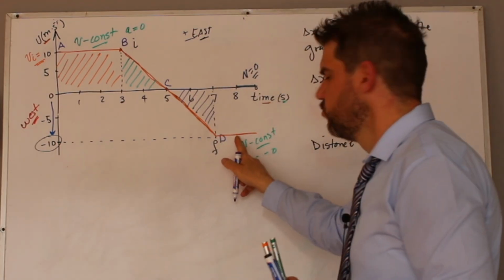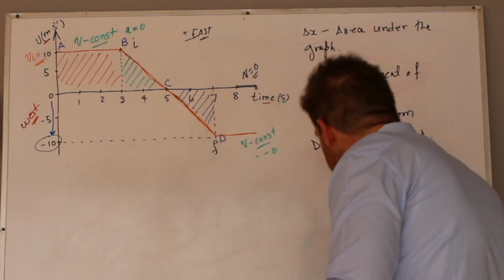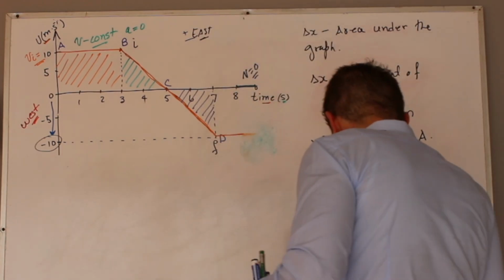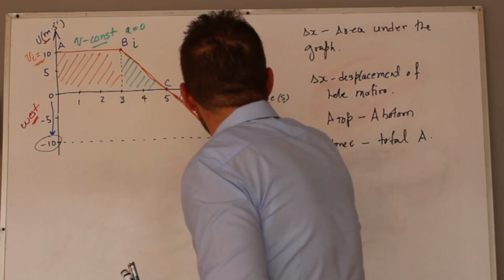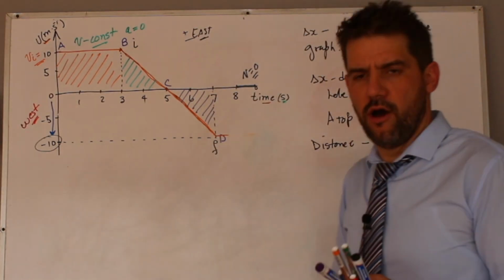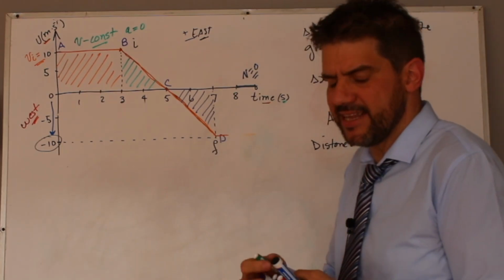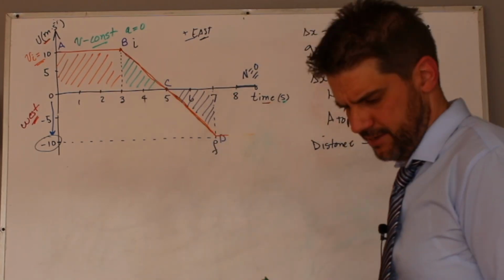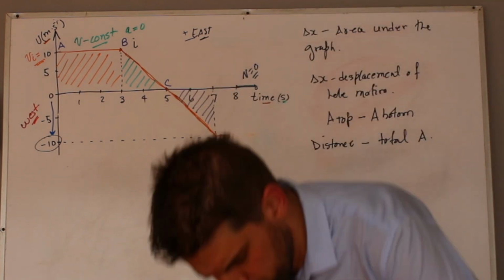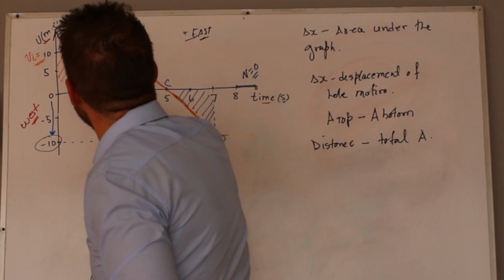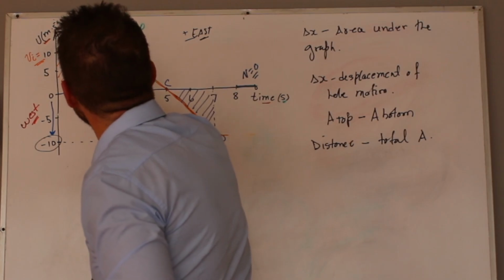Remember, this is not part of the question. That one I added when I was explaining, so let me remove it. That little line is not needed. There we go. So now, there is a difference between displacement and distance, but let's calculate each of the areas. This area here is a right angle, so it's base times height.